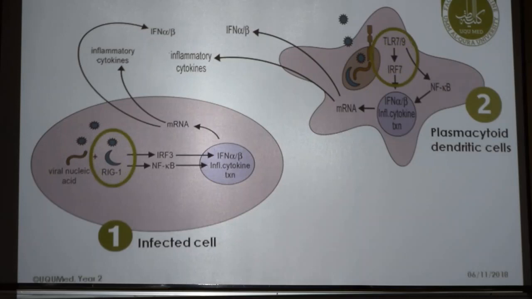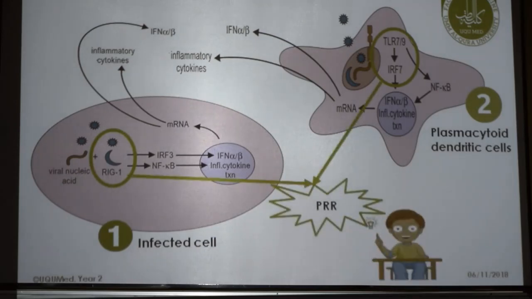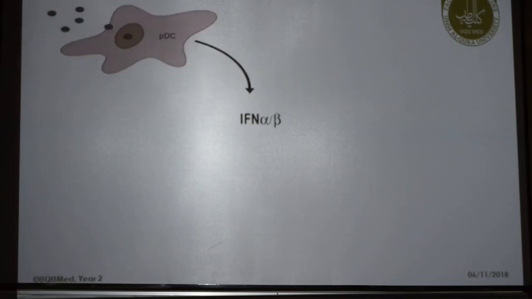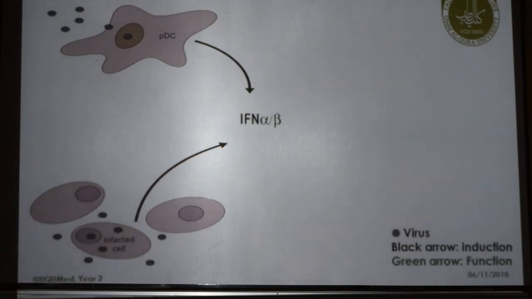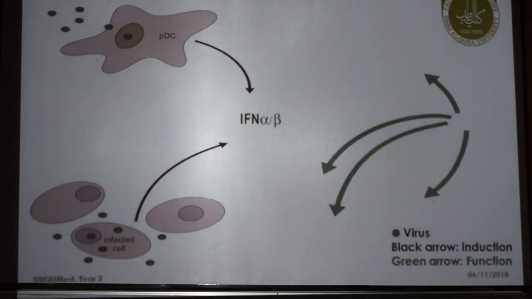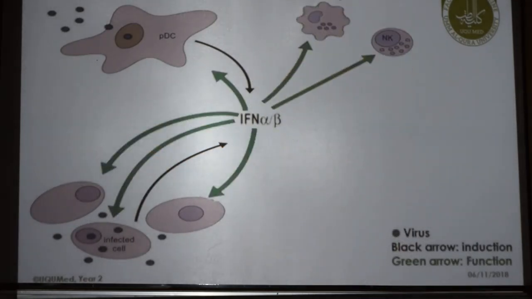So first thing, these are the PRRs, RIG1 in epithelial cells inside the cell, TLR 7 and 9 again inside the cell. They will recognize the virus, nucleic acid of the virus, and these are the pattern recognition receptors, and they will produce the type 1 interferon alpha and beta. What these type 1 interferon alpha and beta are going to do, you see, the source is plasmacytoid dendritic cell, the infected cell, and the job they do is they create antiviral state by doing what?